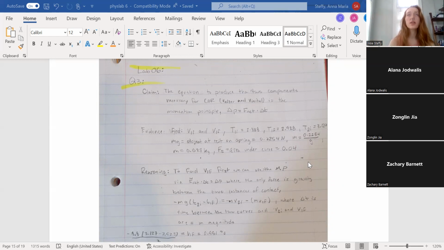And by finding our final velocity of the first curve going up from the spring, we can use that and an update formula to find the final in the next one, because we need V1F to be able to find V1I. So it has to happen in a sequence.